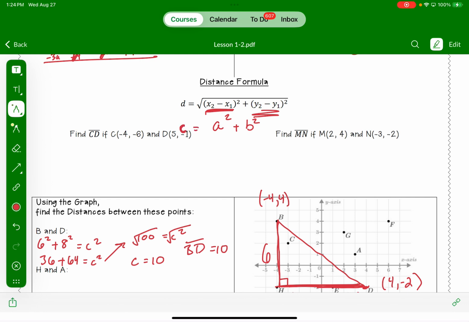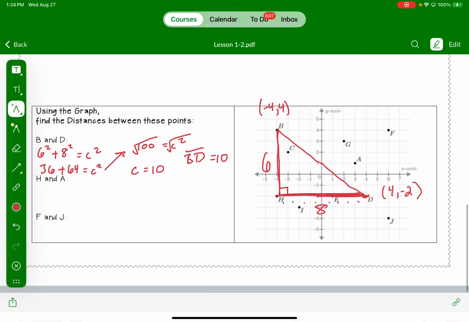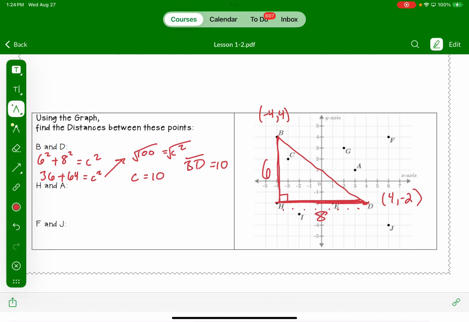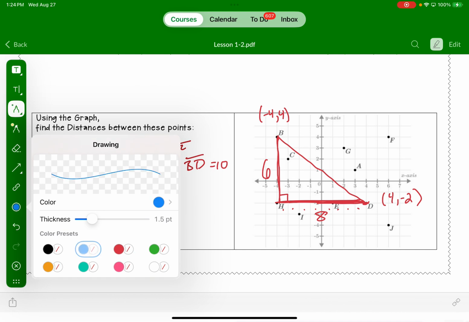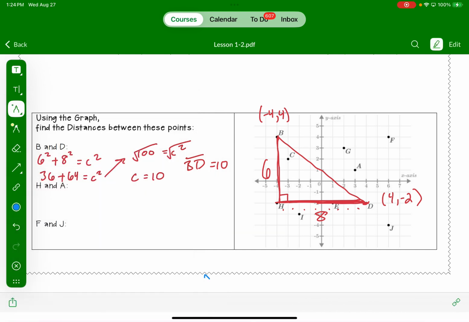And if I work backwards and square both sides, the radical goes away, and we just have c squared. So the distance formula is just the Pythagorean theorem. That's where it came from. It's the Pythagorean theorem that you can use without actually seeing the right triangle. But if we have a graph, we might as well use Pythagorean theorem instead of the distance formula. But if you feel like the distance formula is just easier, you are free to use that one as well.